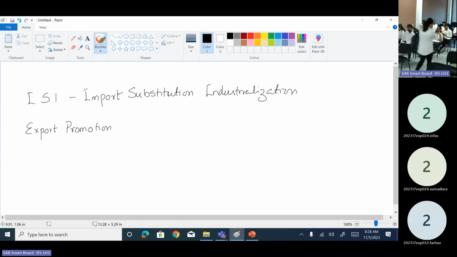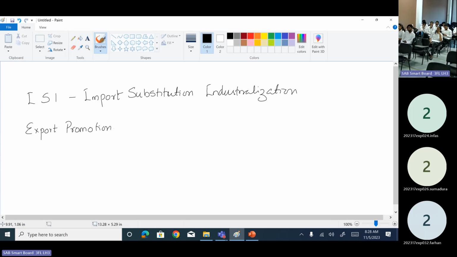So that is something about industrialization. This industrialization policy mainly deviates between ISI and export promotion.